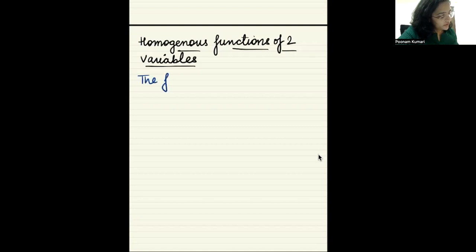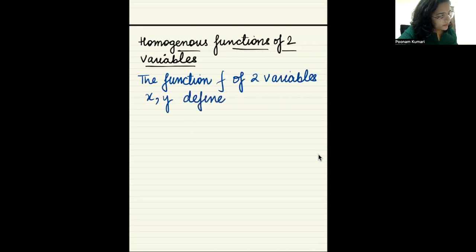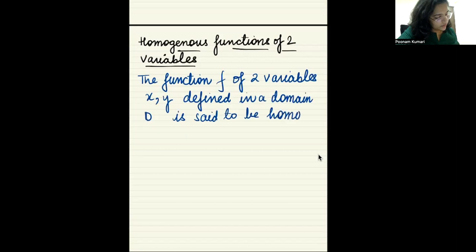So the function f of two variables, and these two variables are x and y, defined in a domain D, is said to be homogeneous of degree k.